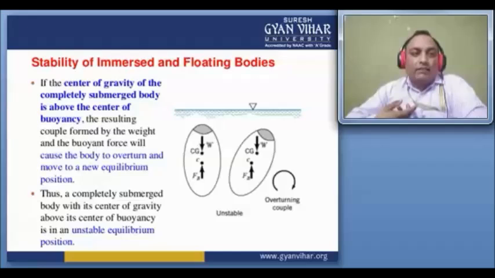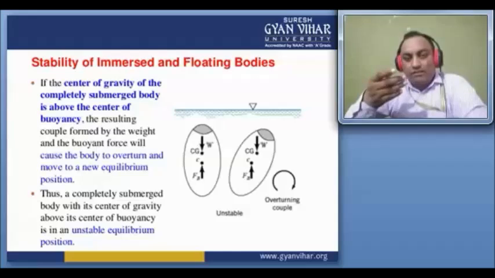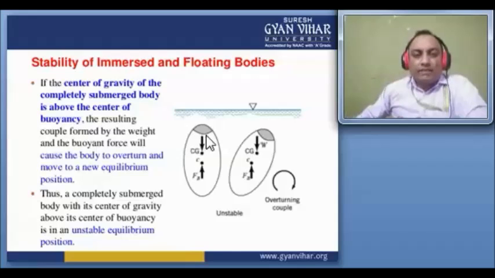The resulting couple formed by the weight and the buoyant force will cause the body to overturn and move to a new equilibrium position. It means that at the present time this is an unstable body, but the overturning couple brings it to a stable condition.